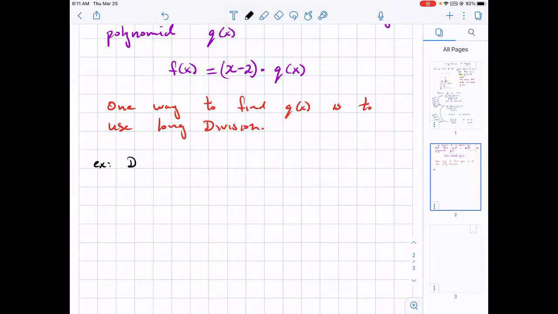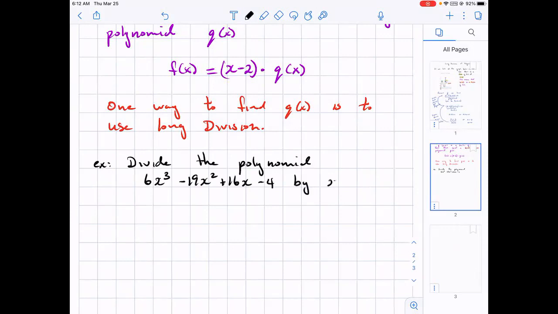Suppose I said to divide the polynomial 6x cubed minus 19x squared plus 16x minus 4 by x minus 2.